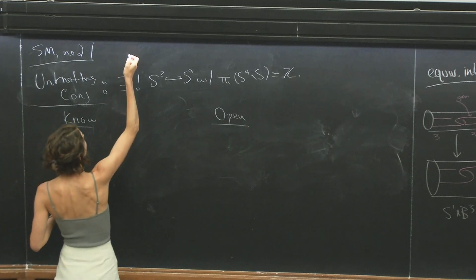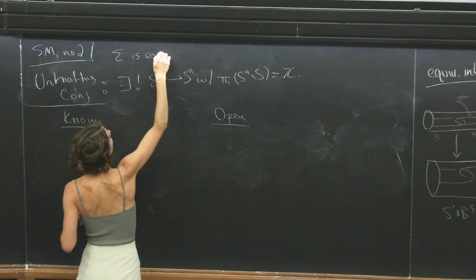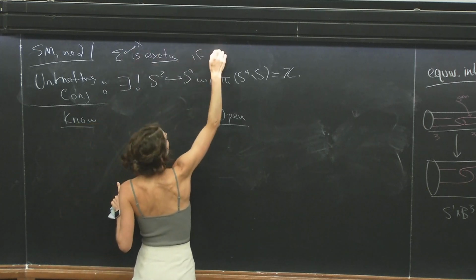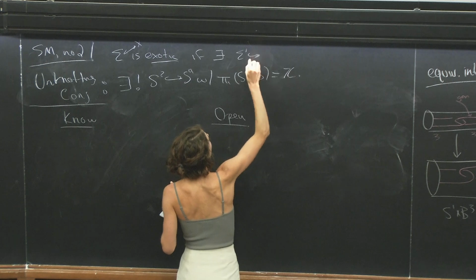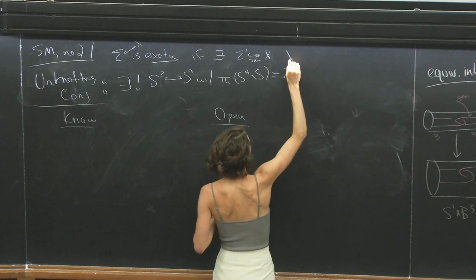Before I do that, let me make a definition. We'll say that a surface is exotic if there exists another surface which is topologically but not smoothly equivalent to it.